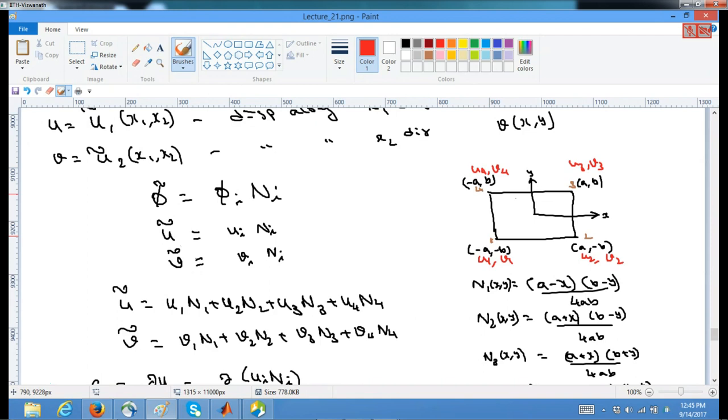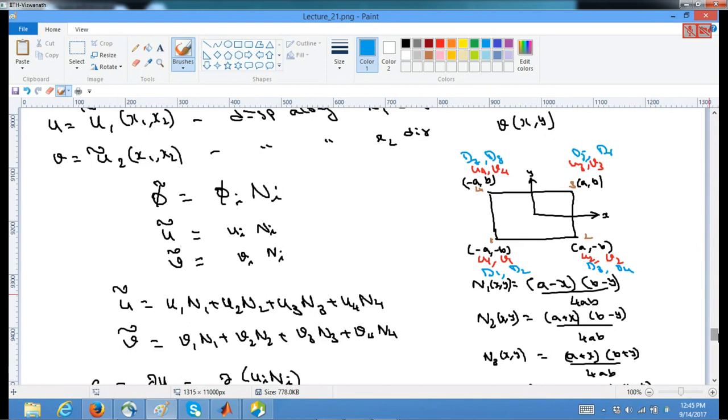So the degrees of freedom would be d1, d2, d3, d4, d5, d6, d7, d8. So there are 8 degrees of freedom for this element.